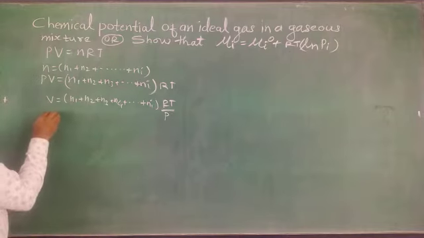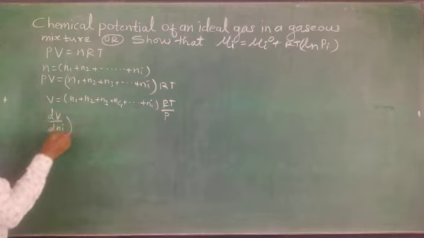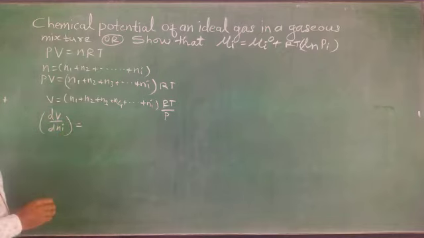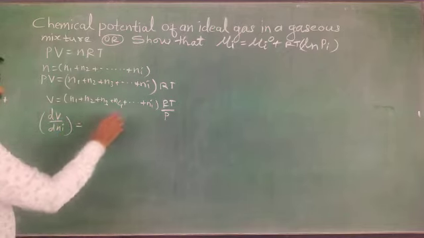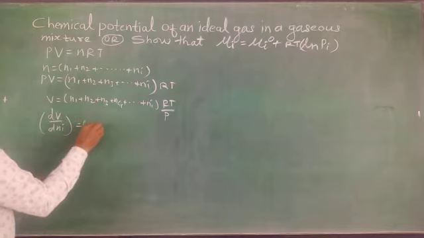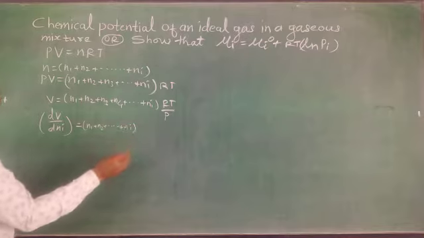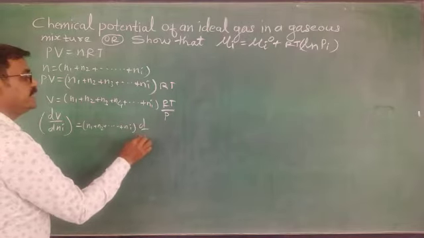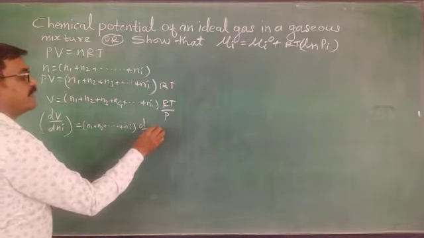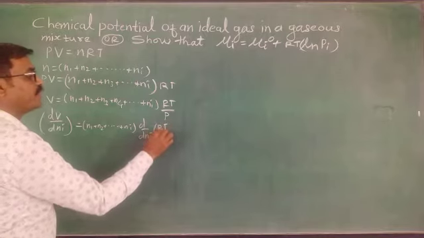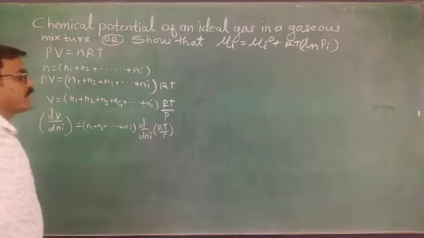That's why dV/dni is equal to, the first term remains as it is, (n1 + n2 + ... + ni) into d/dni of RT/P.